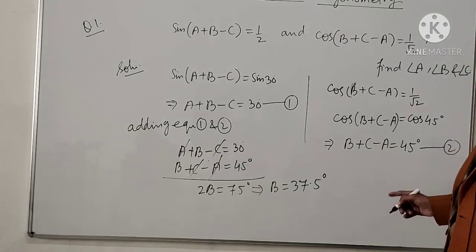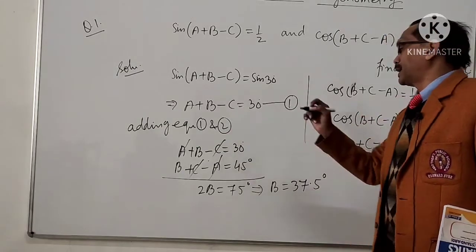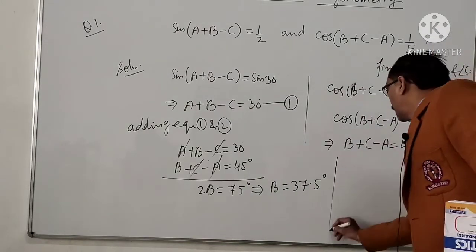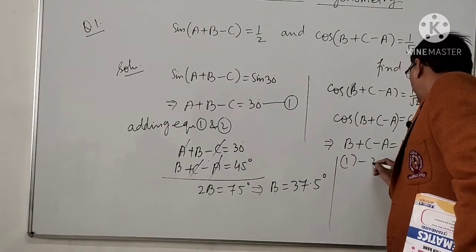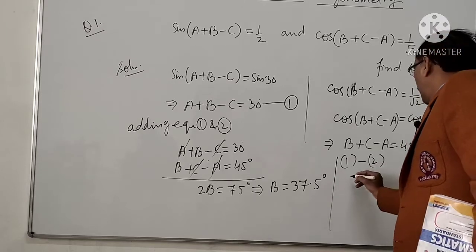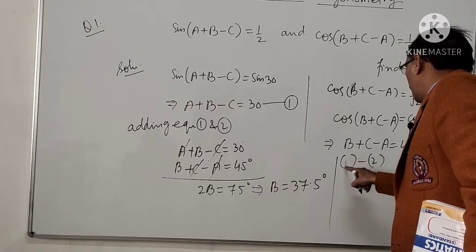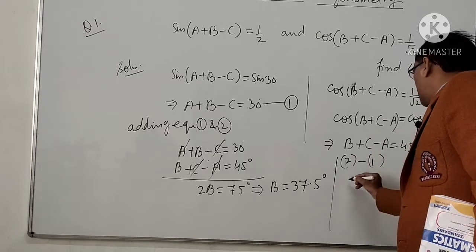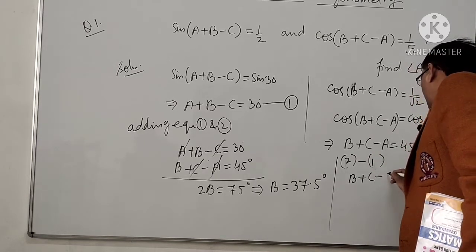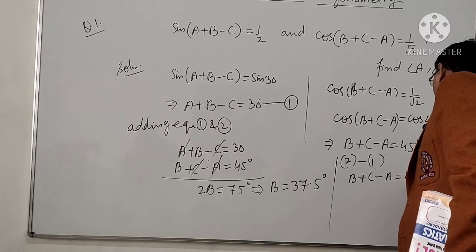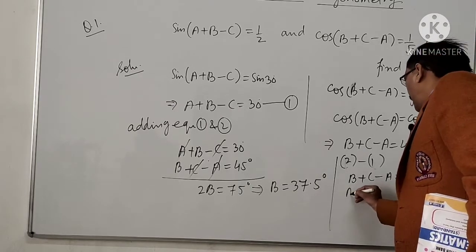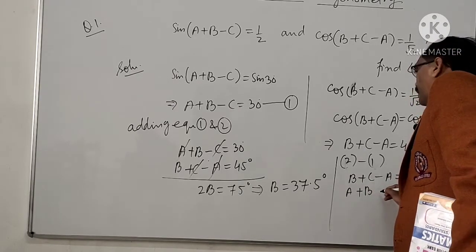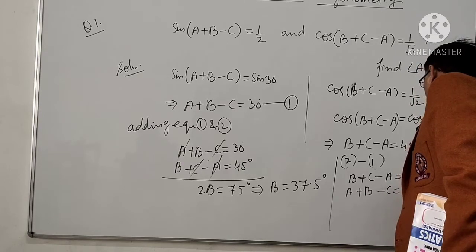Now, we will subtract these two equations. So, 2 minus 1 is B + C − A is 45 degree and A + B − C is 30 degree.